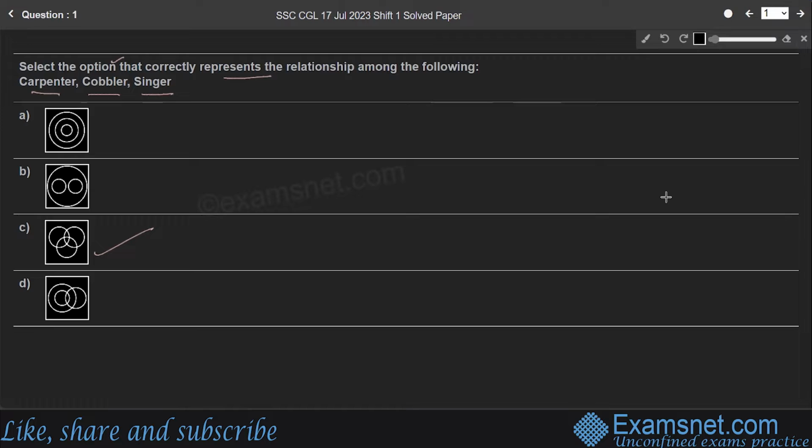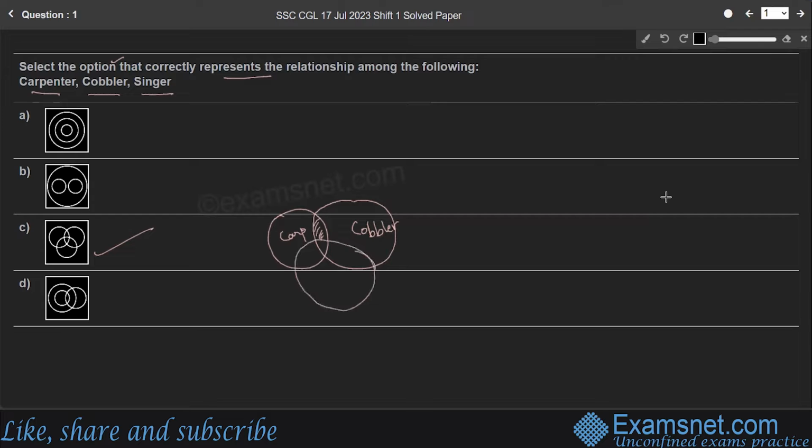Because here in the third Venn diagram, if the first set represents carpenter, and the second one represents cobbler, which indicates a carpenter can be a cobbler, right? And a cobbler can be a singer as well as a carpenter.